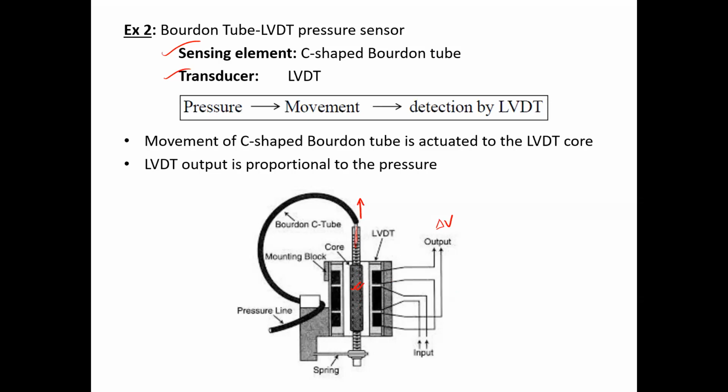So in this way, the change in voltage provided by the LVDT could be proportional to the change in pressure.